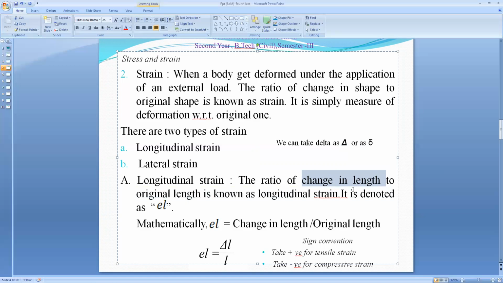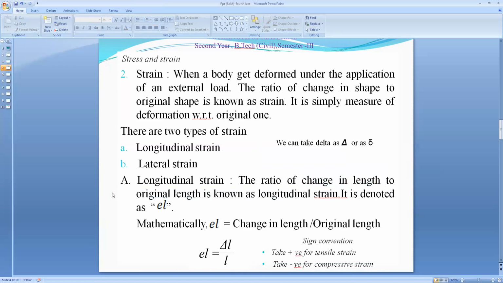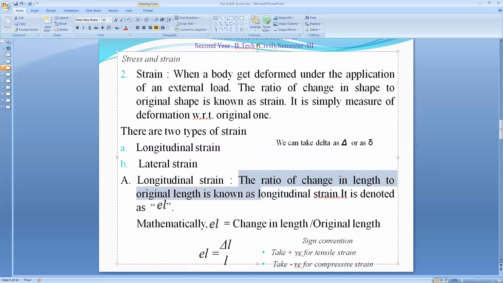When there is an extension, a tensile force occurs on that body. When there is a decrease in the length of the body due to the compressive force acting on that body, we have to consider the nature of the force. With respect to that nature, stresses as well as strain are created. So the ratio of change in length to the original length is known as longitudinal strain.